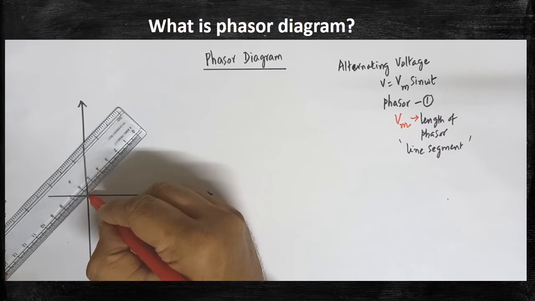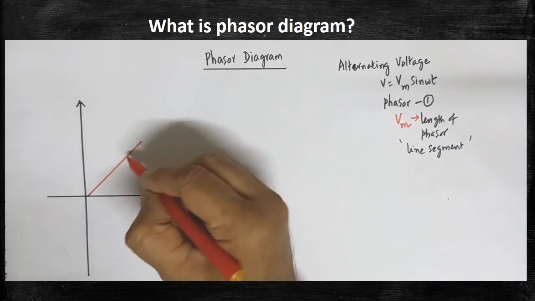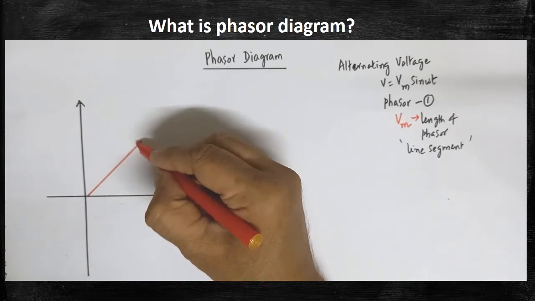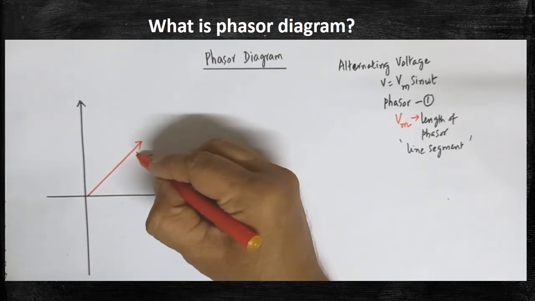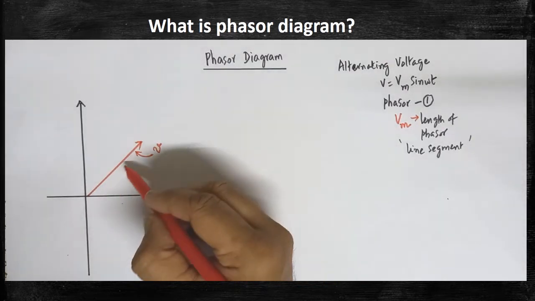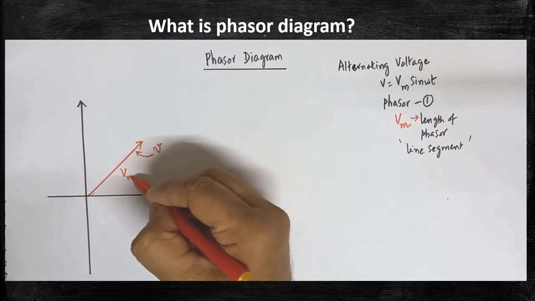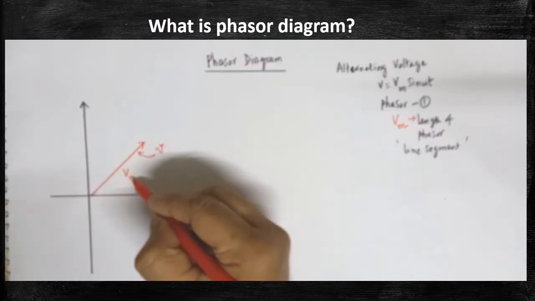So, this one represents V, and this length must be equal to Vm. That is very important. The length of the line segment must be equal to Vm.